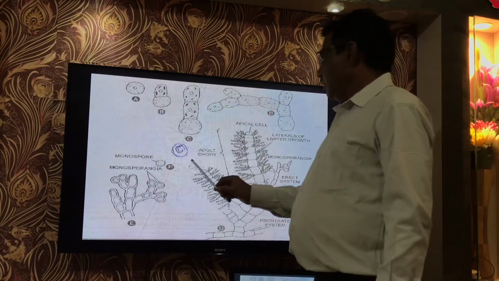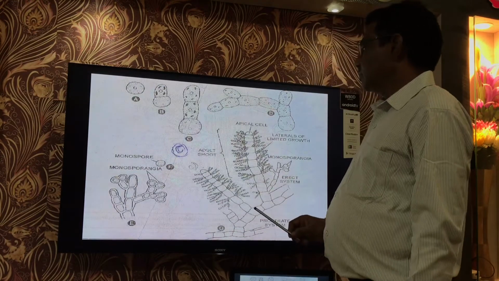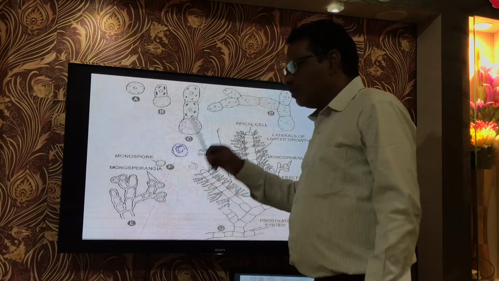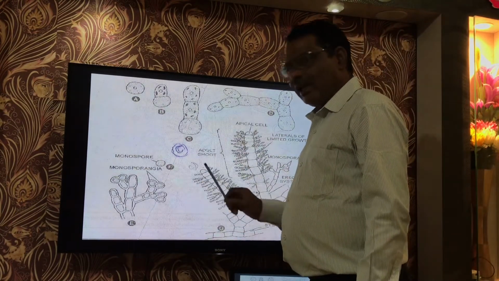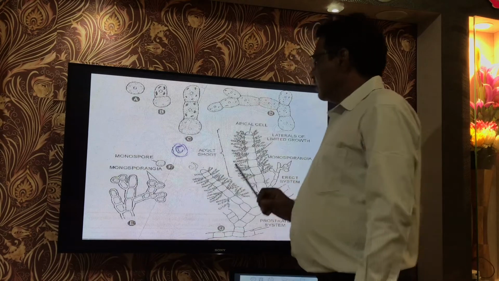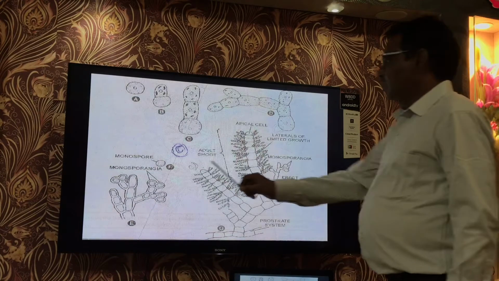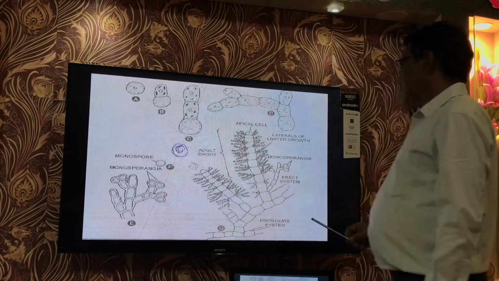So here, due to the asexual reproduction by monospore, this Chantransia stage multiplies in number, and a monospore in any case doesn't produce the adult gametophyte of Batrachospermum. So each such monospore again produces an individual Chantransia stage.